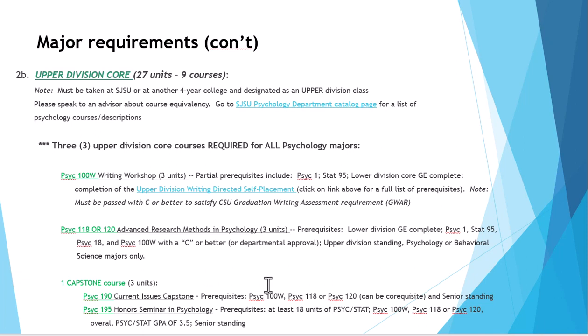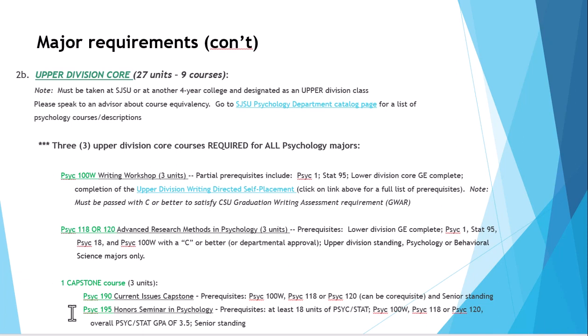You have to have completed Psych 100W, Psych 118 or 120, and you have to have senior standing. So the capstone class is one of the final courses that you'll take during your time here at San Jose State. Okay, it's typically taken during student senior year.